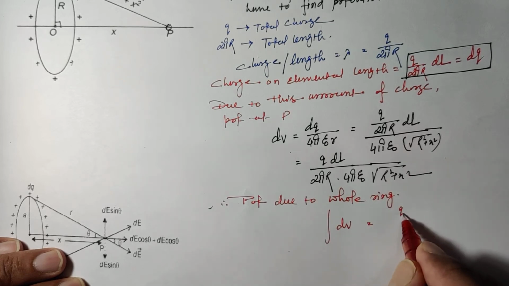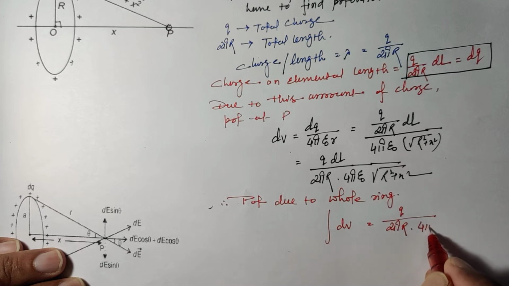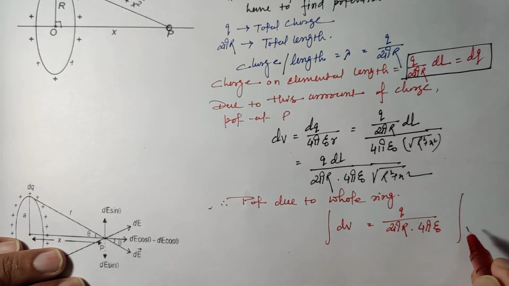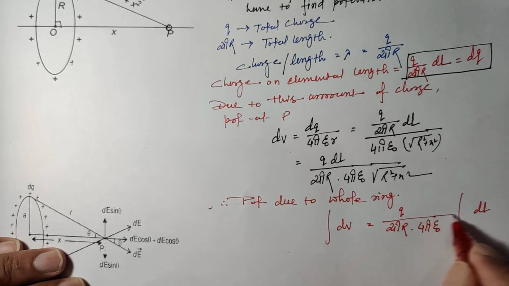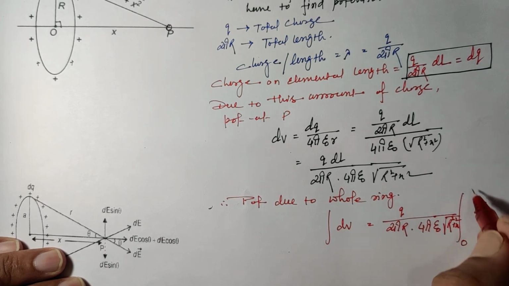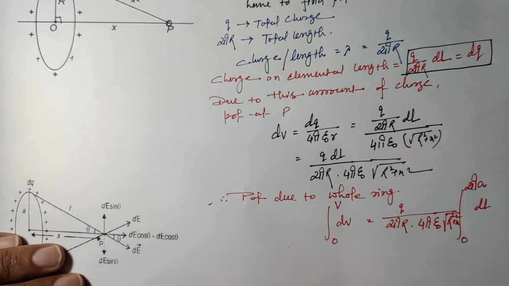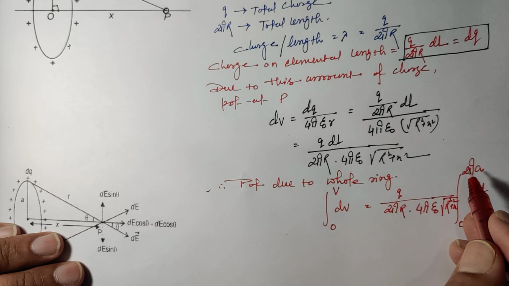On the right side, keep all constants outside the integration sign, so this will become dl, and obviously root over R square plus x square is also constant. Now the limit will be 0 to 2 pi R, because the whole length of the ring is 2 pi R.